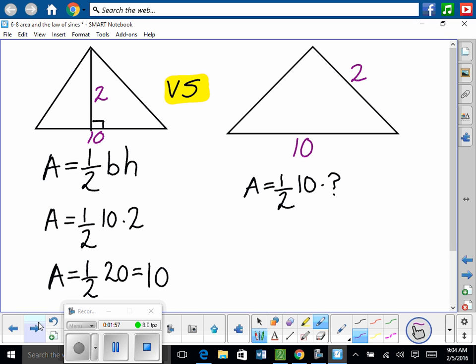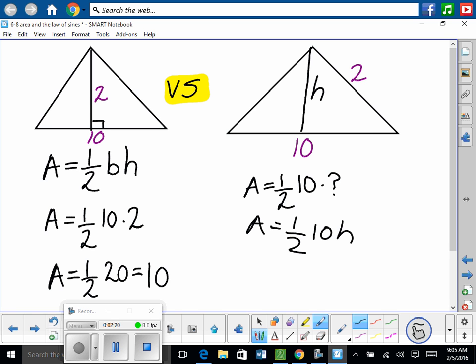And I said to you, okay, find the area of this. Well, we have a base, but do we have a height? No, right? I could say, I'm going to drop a line down perpendicular and call that H. Now, with that being said, we would have area equal to 1/2 times 10 times H.